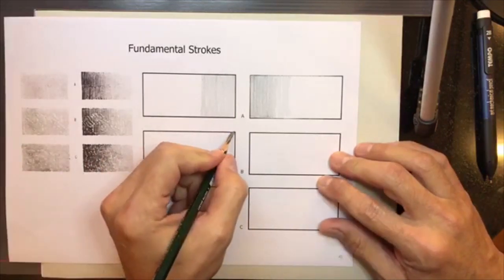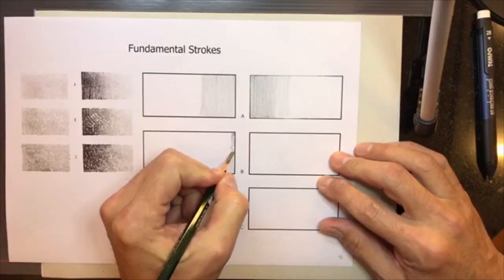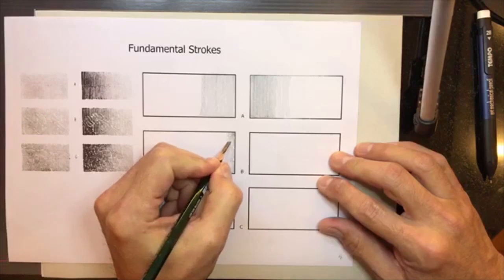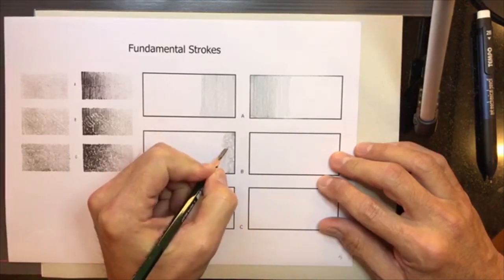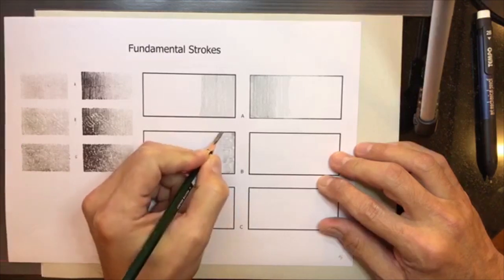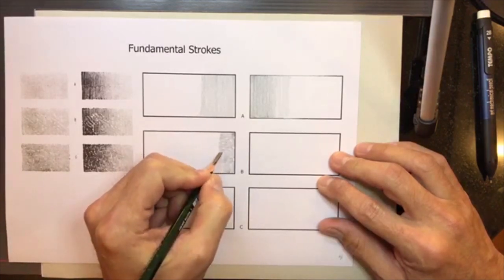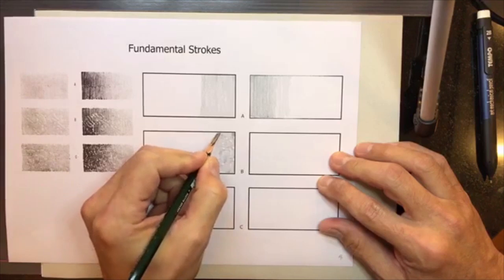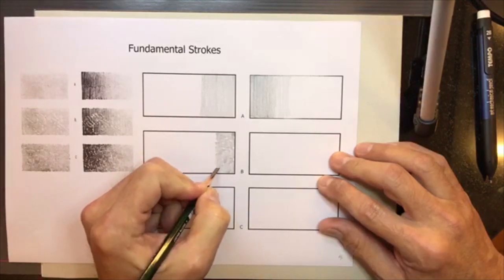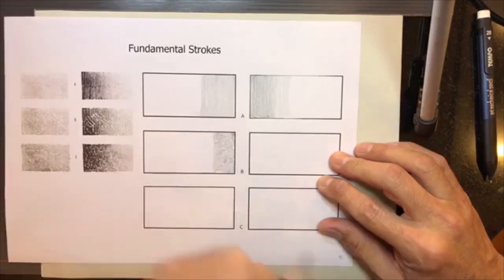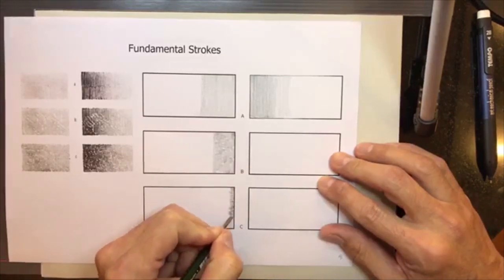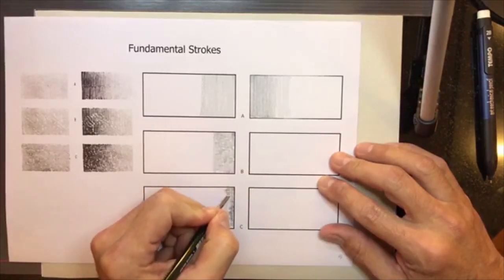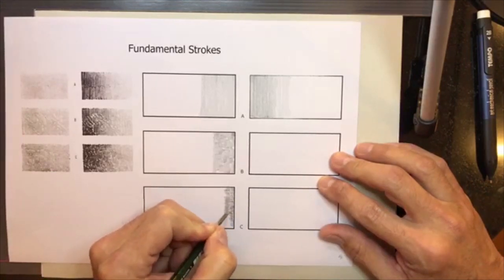Third one is the texture. When we sketch the wall that has a big texture, small texture.